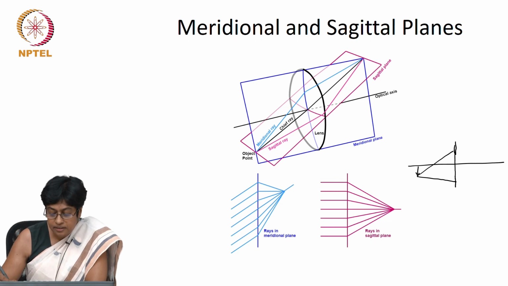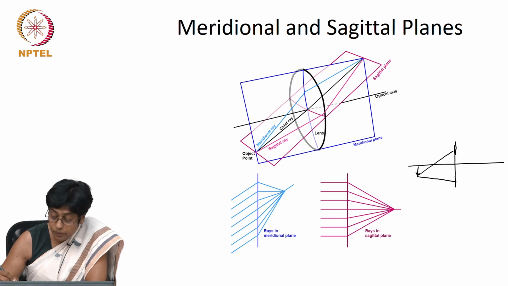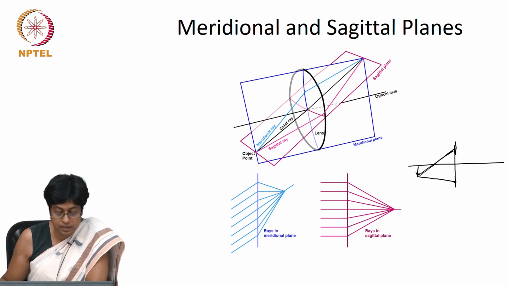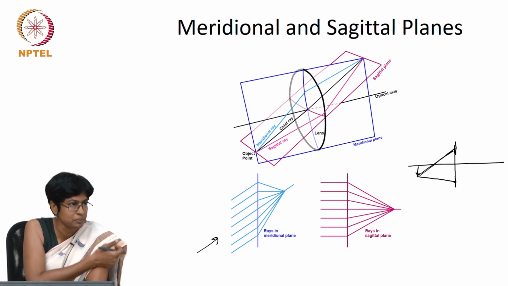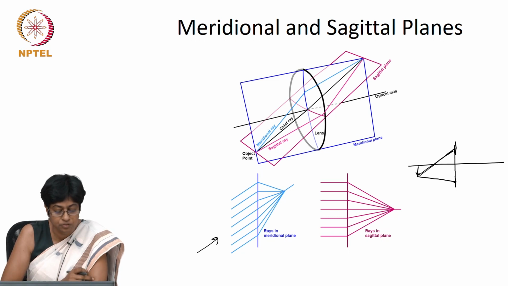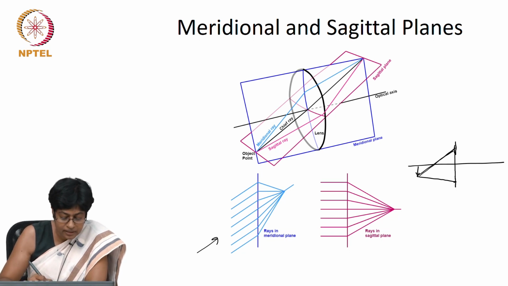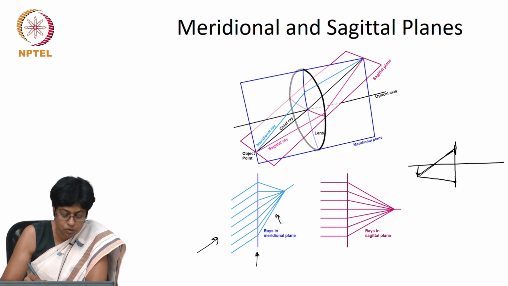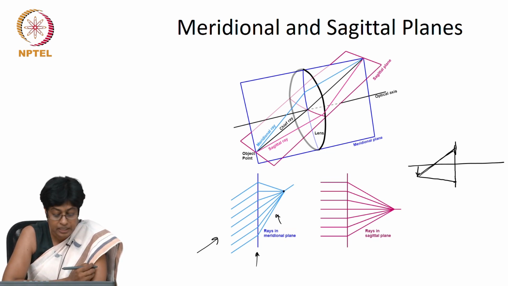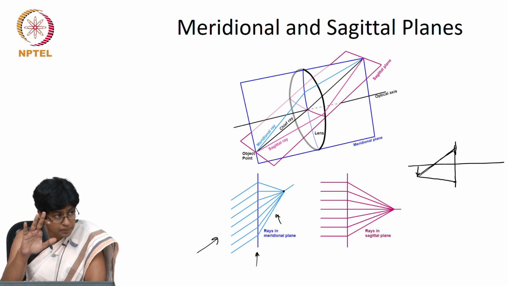These rays are all coming from the same object point, but this ray lands at a certain angle on the optical system, and this ray lands at a different angle, and that's what's shown over here. Here they're coming from infinity, so you have a parallel set of rays, but the way they are incident on your optical system is different. They bend differently to form an image point here. These are all rays in the meridional plane.